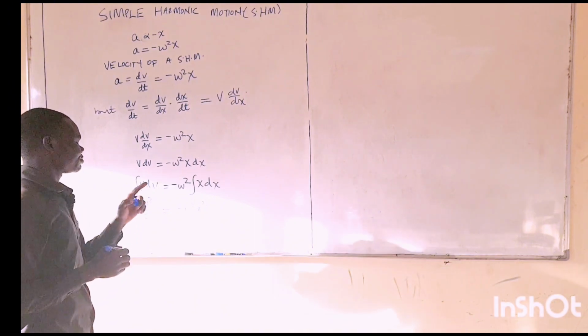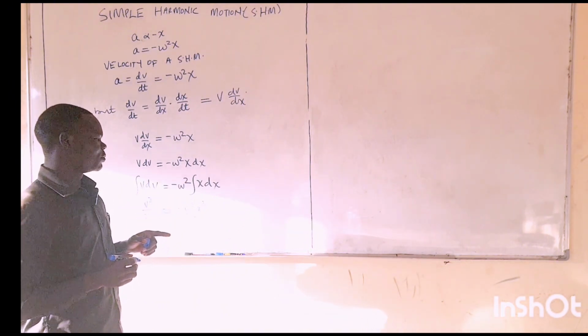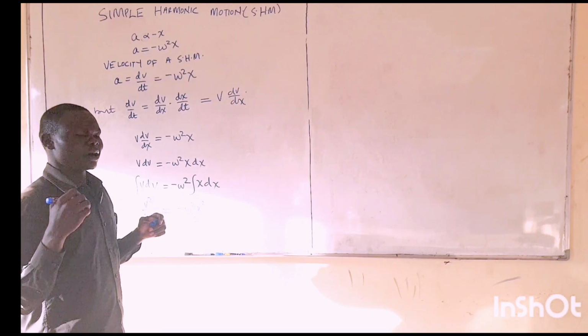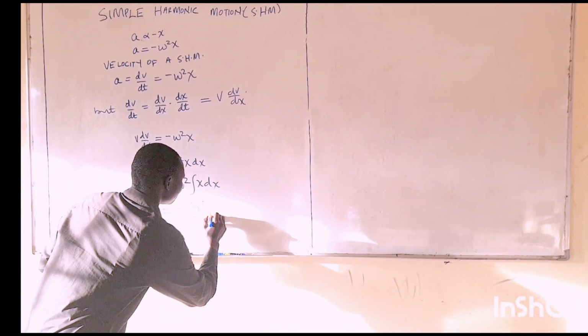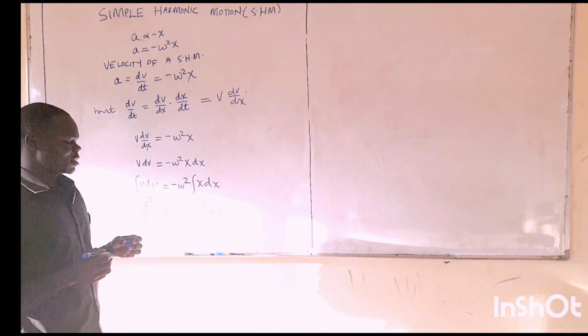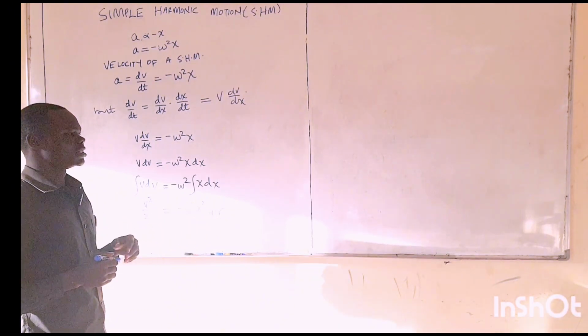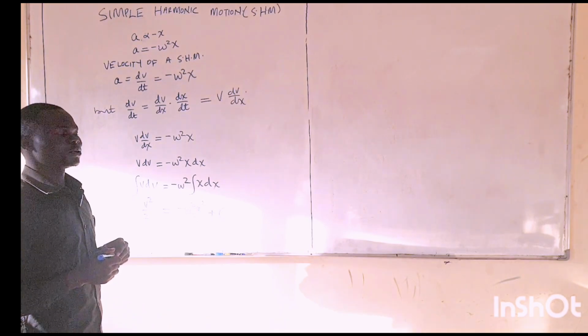Of course, we don't have limits here, so we put our constant of integration. Let's say it is c. So this c is what we call the constant of integration, and we can determine it through our initial conditions.